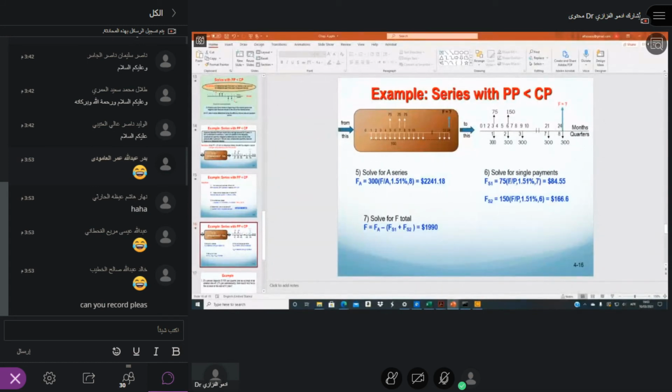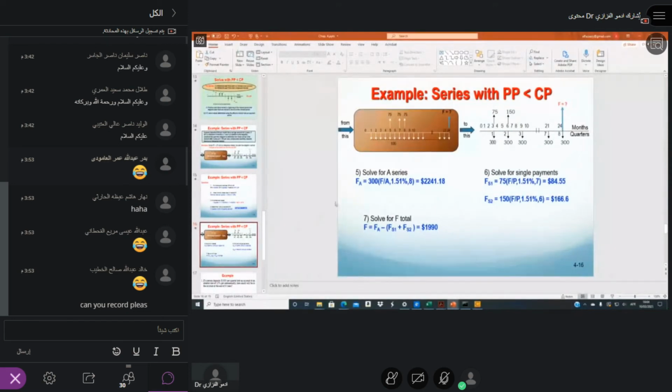So you need to find the future amount. And for 150 also, you remove this, so you have 6 more quarters. So the N will be 6 quarters. Once you have this, your total for the future is the addition of these. And for this one that you will have, you subtract these 2 from it, and that is your F total.